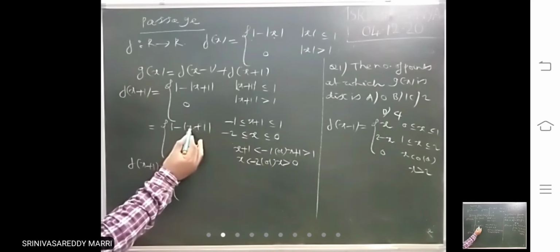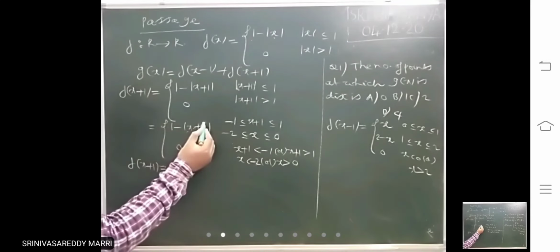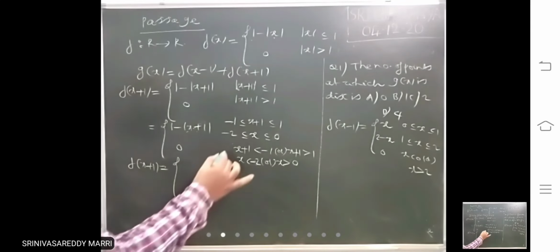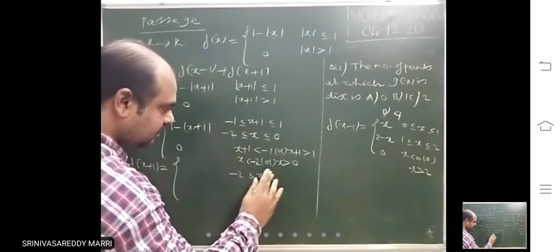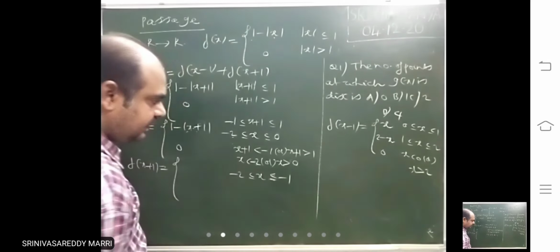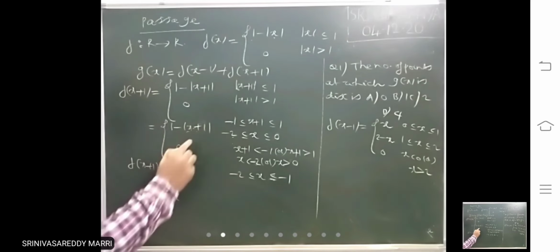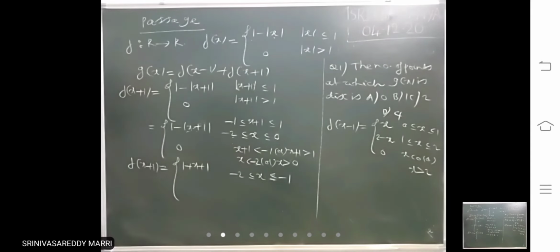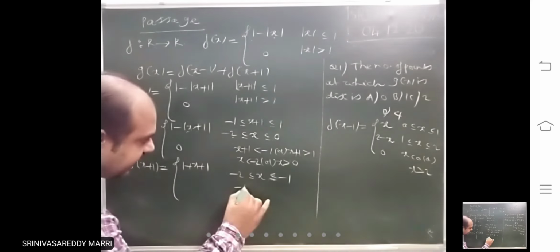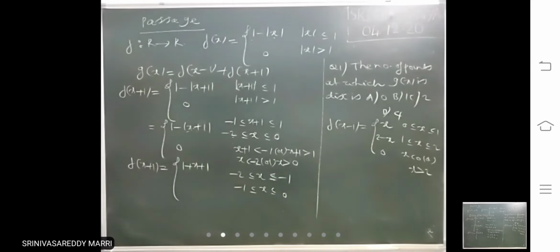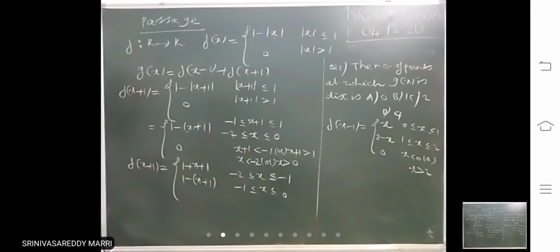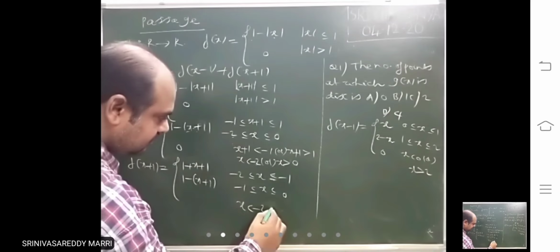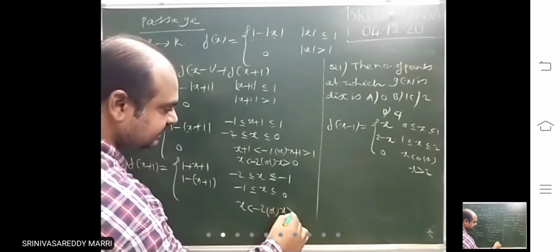Now look at it: if x plus 1 is negative, that is x less than minus 1, this is minus; if x is greater than minus 1, this is positive. That means this interval I am dividing into two parts. Till minus 1, this is minus of x plus 1, in that case we will get 1 plus x plus 1. Then minus 1 to 0, x greater than minus 1, you will get plus this. Then 0 for x less than minus 2 or x greater than 0.